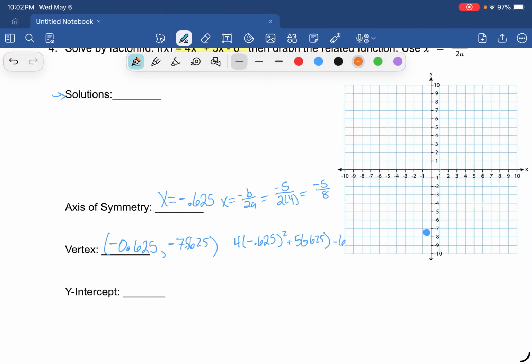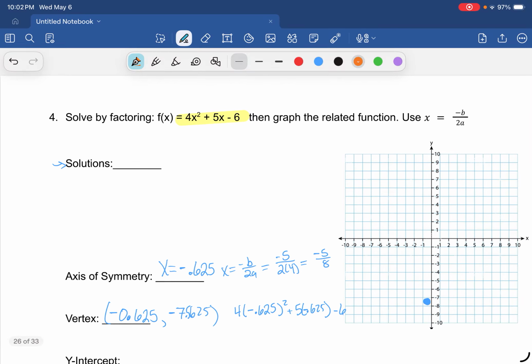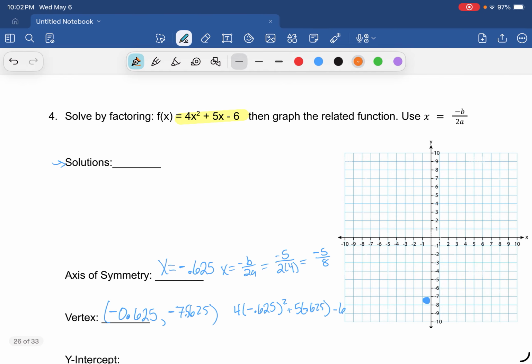All right, so I would look at this, and the last number in my equation is negative 6. So what that means is I'm going to use 0, negative 6 as my y-intercept. I don't have a good way to show it. The stylus I have is dead, and I think that's all I got in my house.